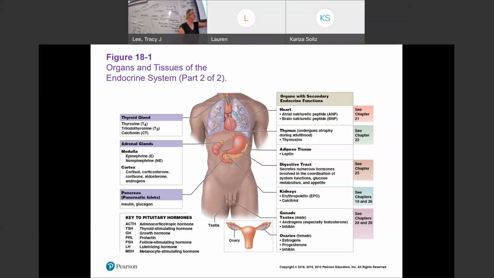Or we get a bunch of proteins that hit the small intestine. We secrete a hormone that says, pancreas, secrete more enzymes that are going to focus on proteins. So your digestive system has a lot of little hormones that talk to the organs that help with the breakdown of those various foods. We'll get into the big details of these when we do the digestive system. Kidneys we talked about, gonads and ovaries we talked about.